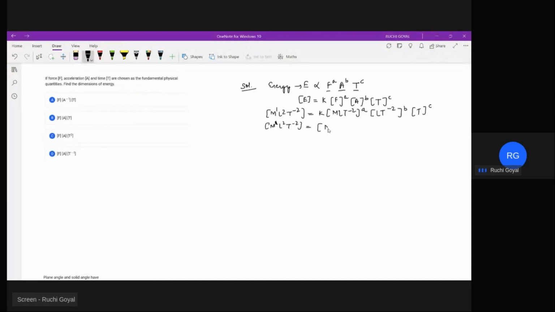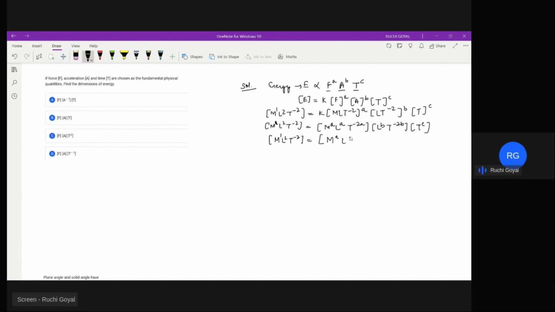We can write M raised to power a, L raised to power a, and T raised to power minus 2a. This will be L raised to power b, T raised to power minus 2b, and T raised to power c. Right? Again, it will be ML^2T^-2, and we can combine all the powers of M, L and T. M raised to power a here.